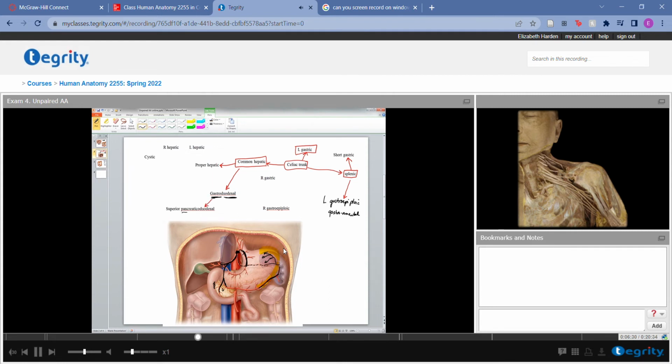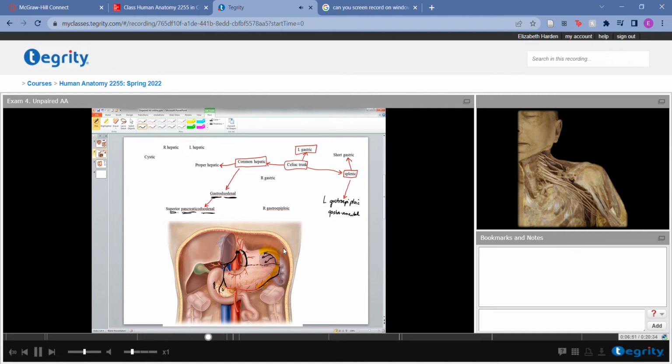It's in the name, pancreas, duodenum. Okay, we're going to come back to that superior in a second. Actually, if you read in your atlas, there actually is an anterior superior pancreatico-duodenal and a posterior superior pancreatico-duodenal. It is a mouthful. We're not going to require you to know the anterior and the posterior. Just know it is superior pancreatico-duodenal.